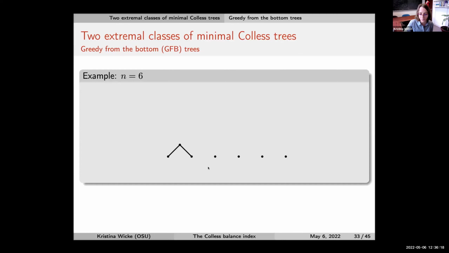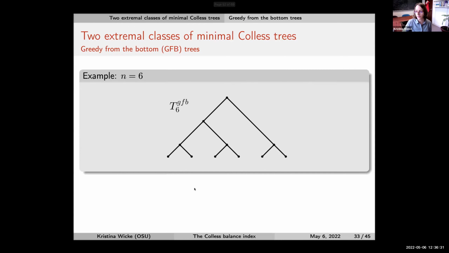We first merge 2 leaves, then again we merge 2 individual ones, and again. Now we have these 3 subtrees of size 2. We greedily merge the 2 smallest ones, and we end up with this tree. We call this the greedy from the bottom tree, and again, you can show that this is unique up to isomorphism.